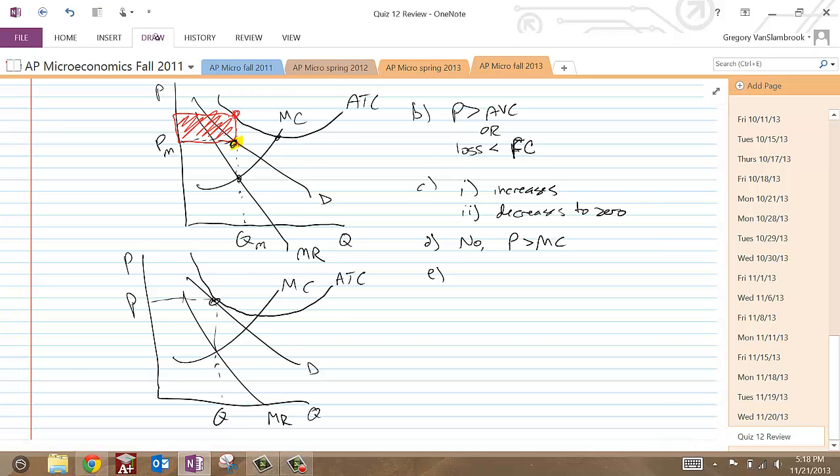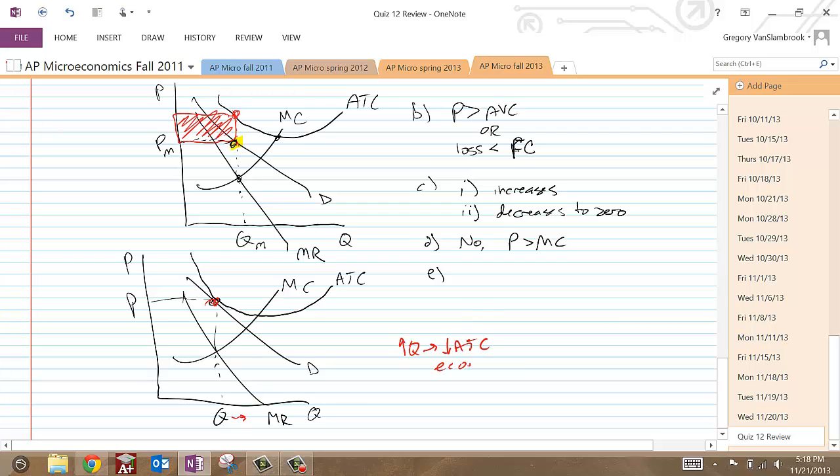So what we're looking at to answer this question is, this is where it's operating in the long run. Is that a region where economies of scale exist? Economies of scale, remember from our long run cost situation, means that if you increase quantity, then increasing quantity leads to decreasing average total cost. You're getting more efficient to produce each unit.